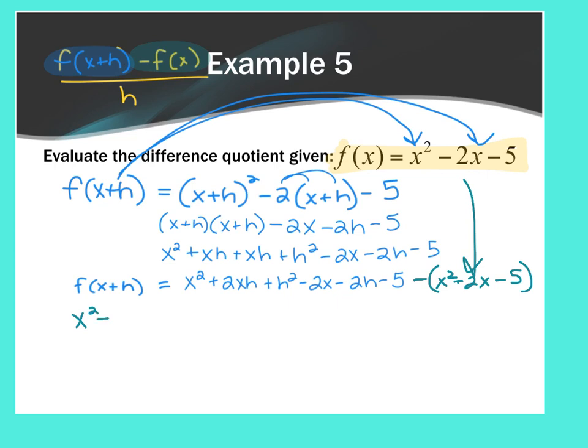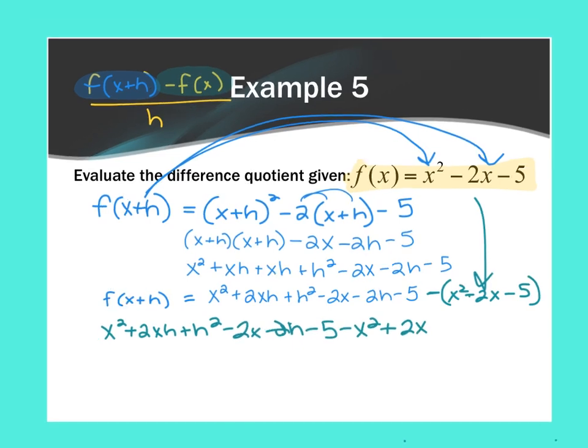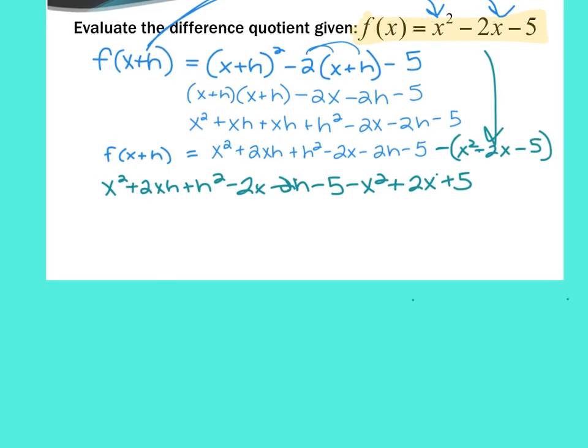So x squared plus 2xh plus h squared minus 2x minus 2h minus 5, minus x squared plus 2x plus 5. That negative is changing the sign on everything that was in my original function. Be really careful there. That's probably the mistake people make the most, the signs.